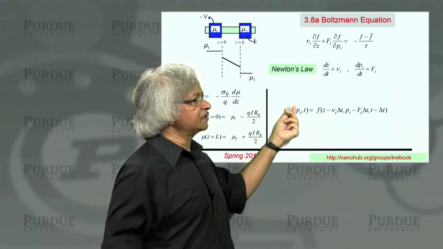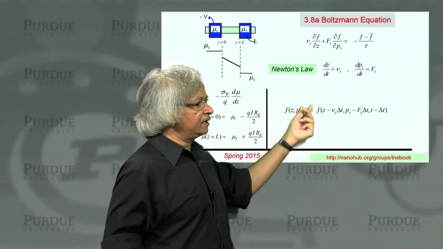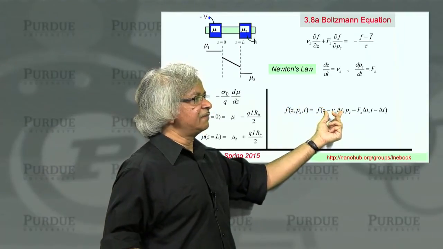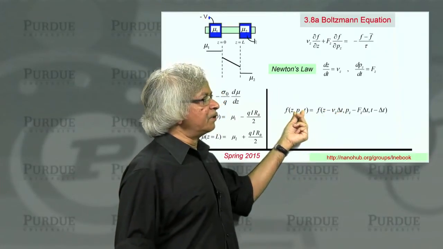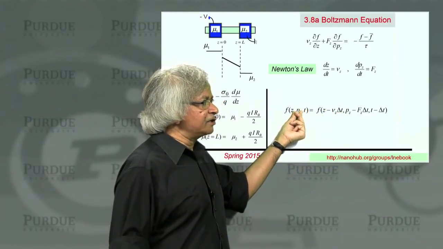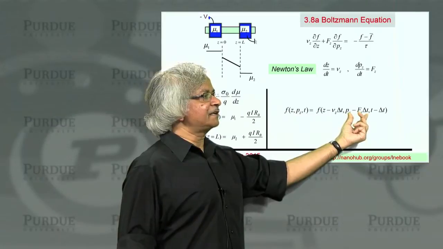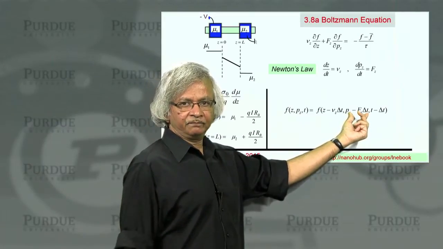And so whatever it is at time t, it must have been at z minus vz delta t a little time ago. And the same with momentum. If the momentum right now is pz, it must have been that much at time delta t ago.